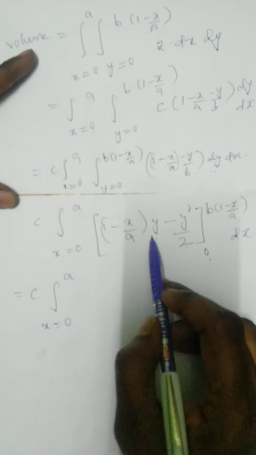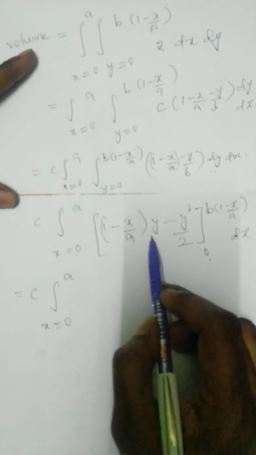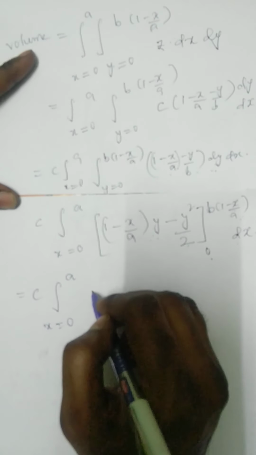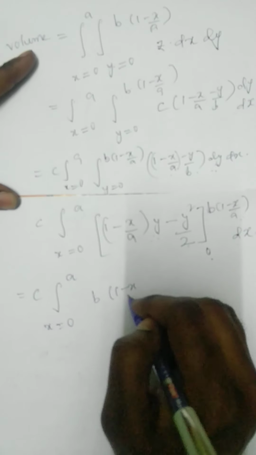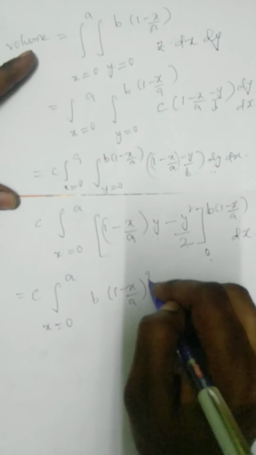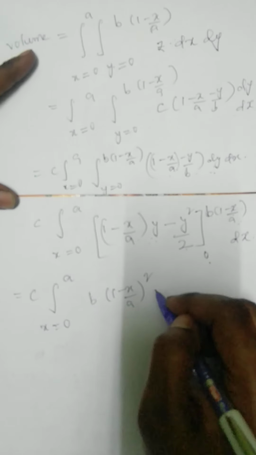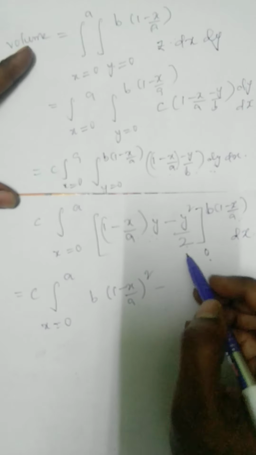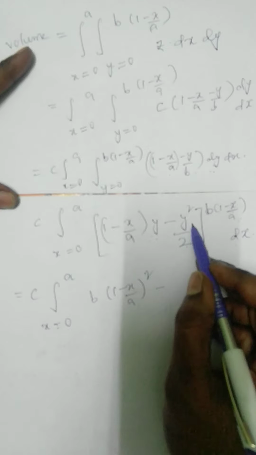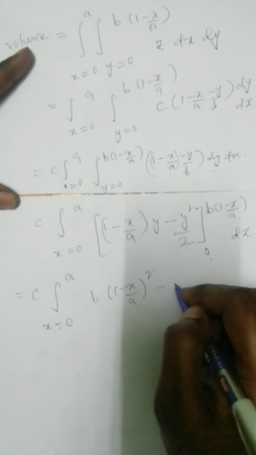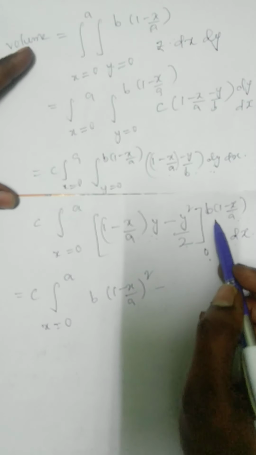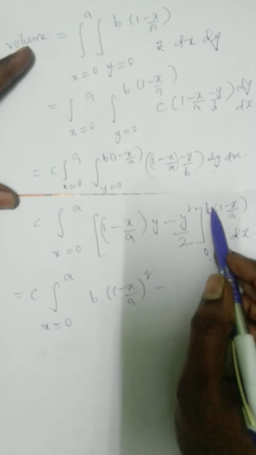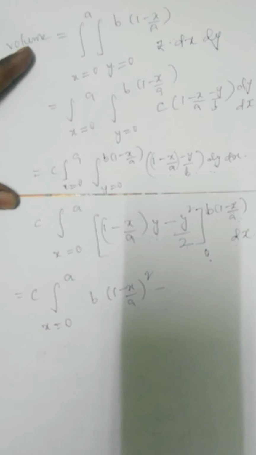If I replace y, I'll get b into 1 minus x by a whole square, minus, what is y square here? Y square is nothing but b square into 1 minus x by a whole square by 2.